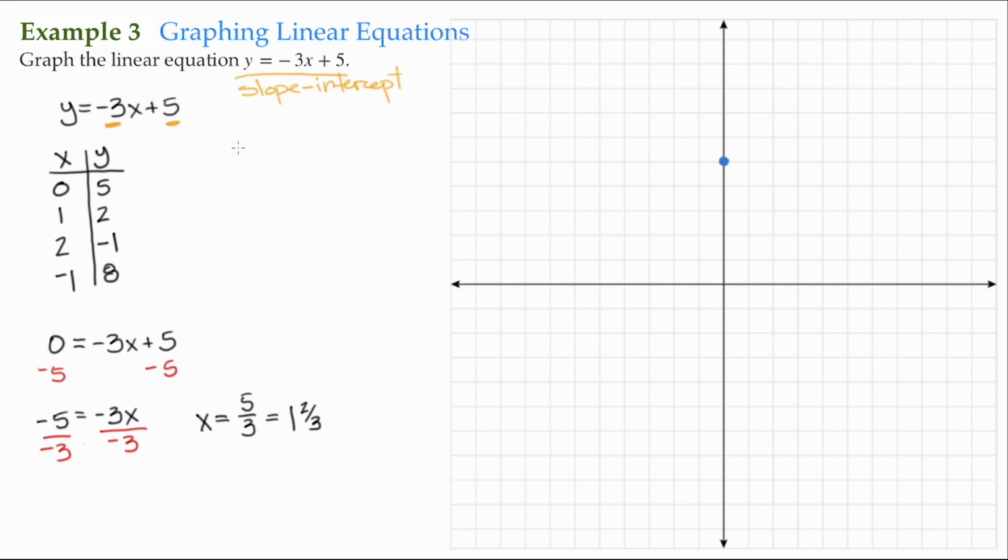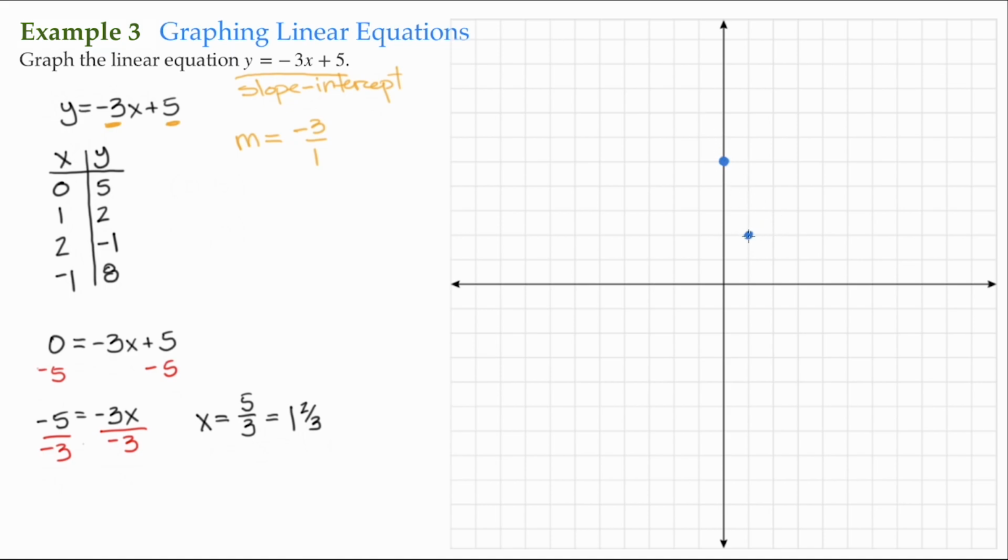Now don't forget, our slope is our rise over the run. So negative 3 over 1. So our run will be 1. So if I count over 1 and then down 3, 1, 2, 3, put a point. And that's all I need, and I can make my connection that way.